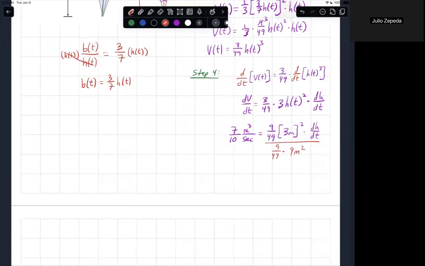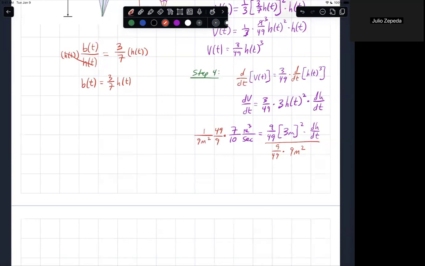Okay, and so that's going to result in multiplication by the reciprocal, 49/9. That's a constant. And then we'll multiply by the reciprocal of 9 square meters, which is 1/9 square meters.